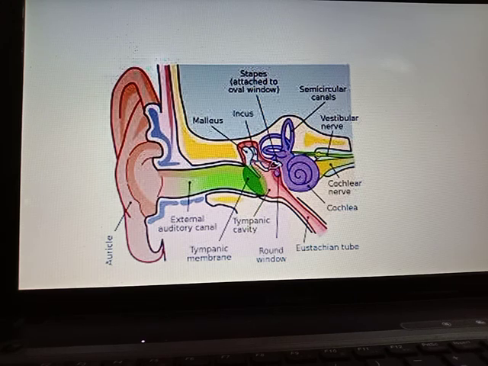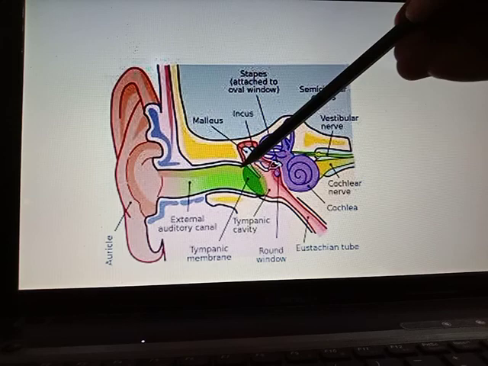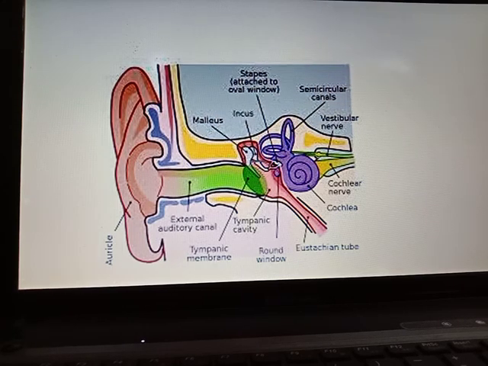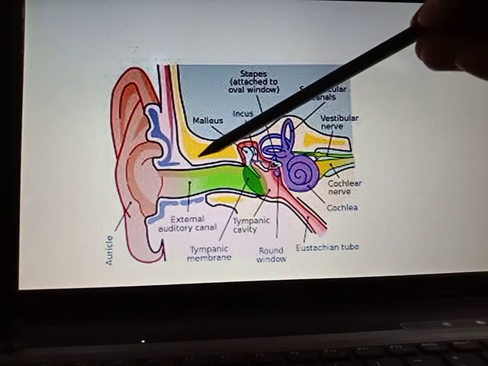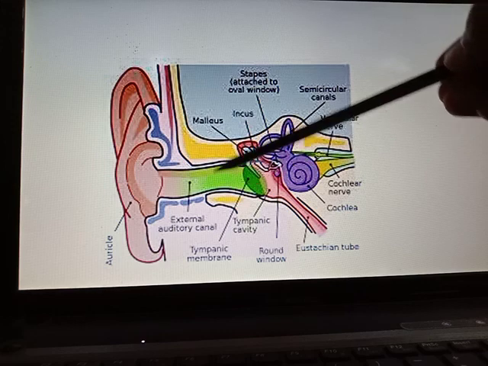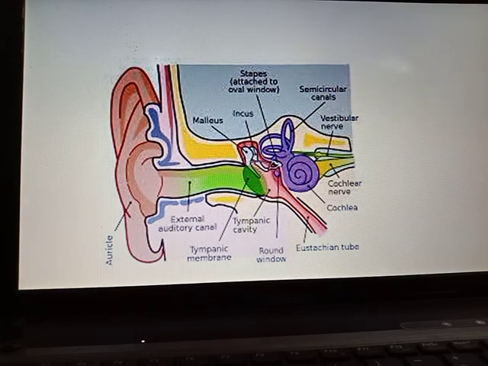So the direction of the pars interna and the pars externa is the same, but the pars intermedia is directed backward, upward, and medially. Again, this is the cartilaginous part, this area, and this is the inner bony part.